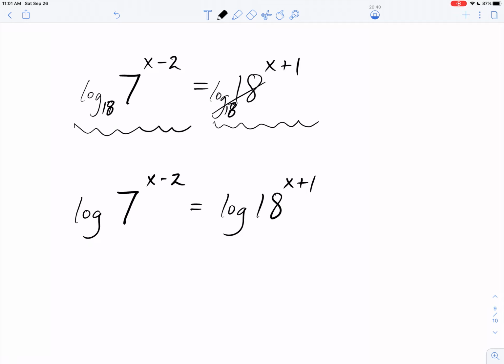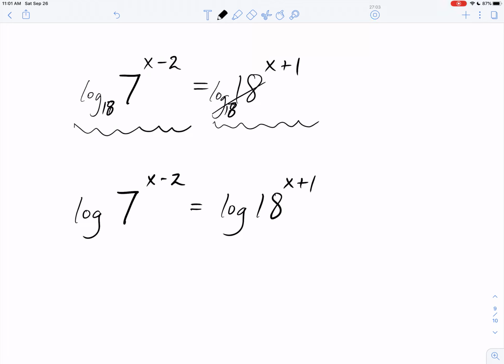What base is this? This is base 10. Why it works: I'm using the exact same base on both sides. But when I have to punch in my final result on the calculator, I don't have to switch bases or trick my calculator or any of that jazz. But I still have to work this one out.